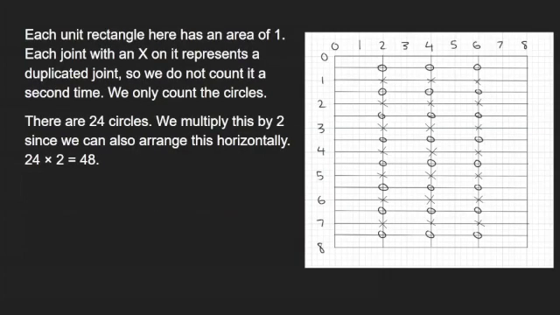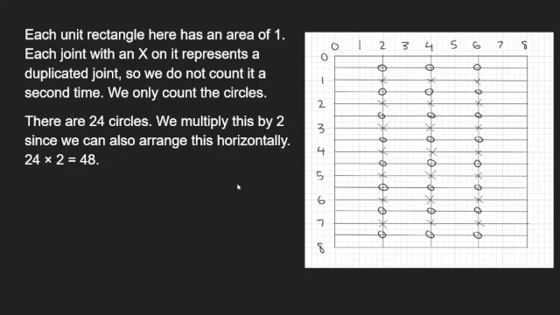So here each unit rectangle still has an area of 1, and each joint with an x on it is a duplicated joint, so we don't want to count it a second time. We only count the joints with circles around them.